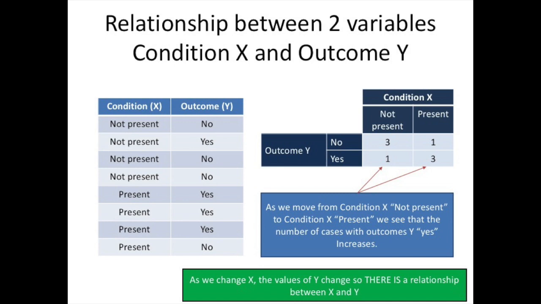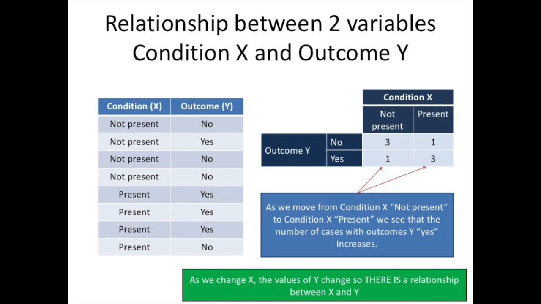Now, if we tabulate these results in the table on the right, we will see, if we're looking at the columns, that when the condition is not present, people tend to not have the outcome Y. 3 of them did not have it.